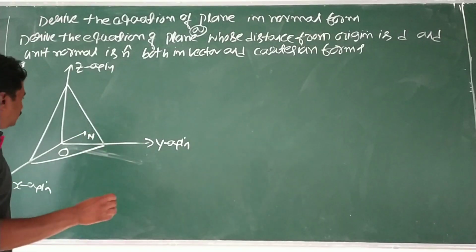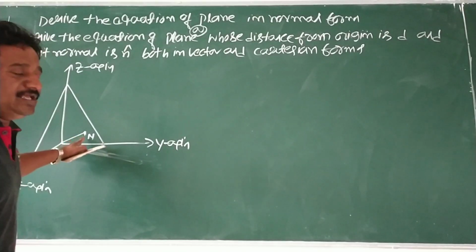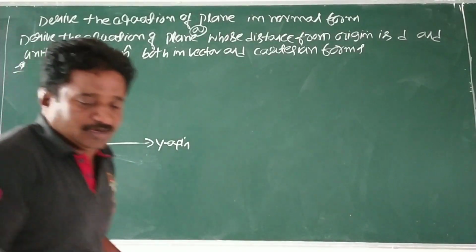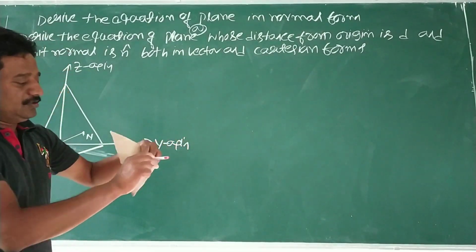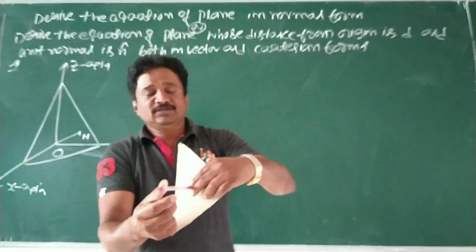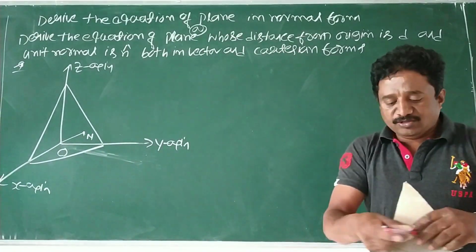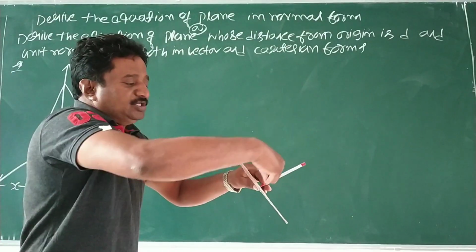So I have drawn ON. ON is the distance from the origin to the plane. Just like this. You take this edge as the origin, O. This is O, and this is N.